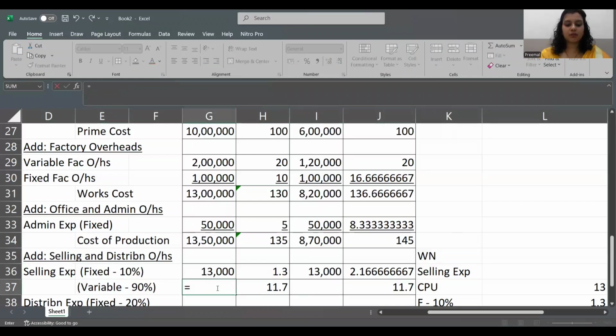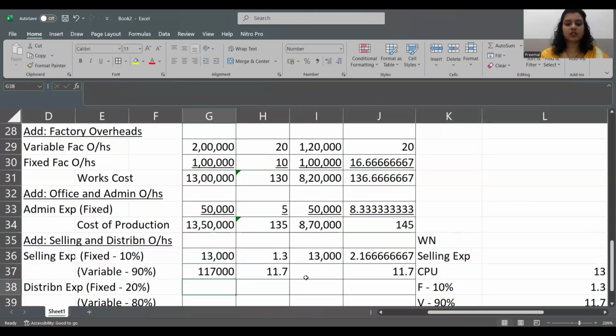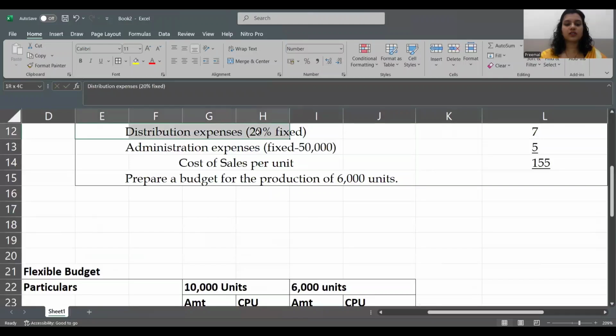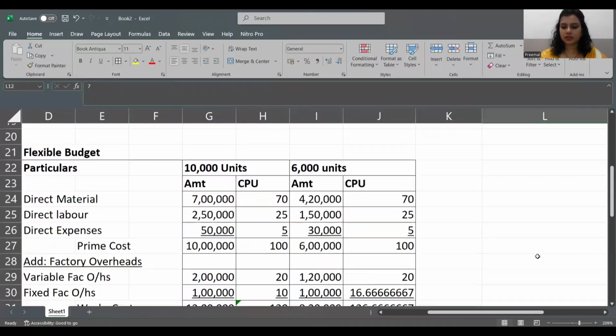Now all I have to do is multiply that cost per unit into the respective units to find out the amount. So I've done the multiplication and I found out the amount. So with this, we found out the variable and fixed portion of selling expenses. I will be doing the same thing in case of distribution expense because this is also a semi-variable cost. The total cost per unit is 7 and the fixed portion is 20%.